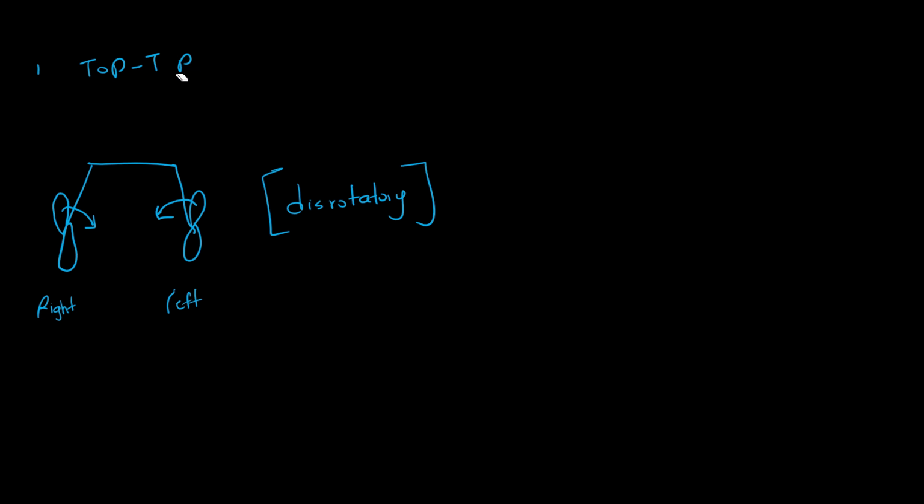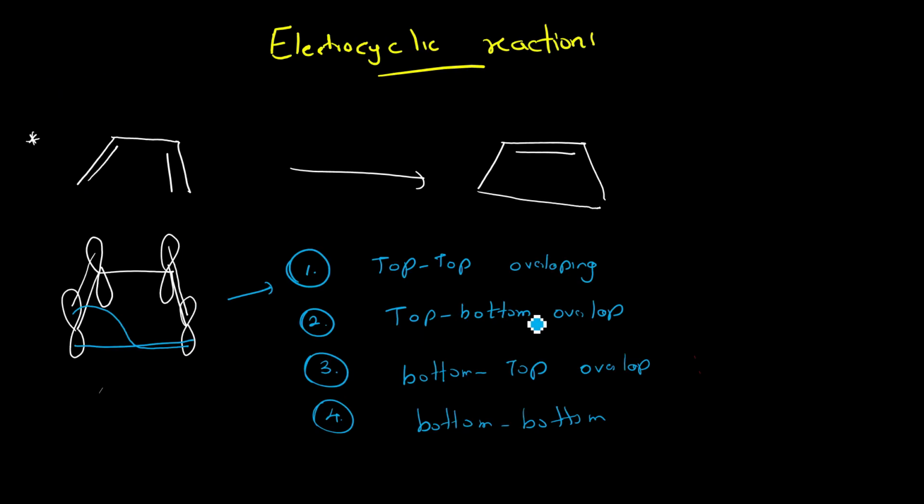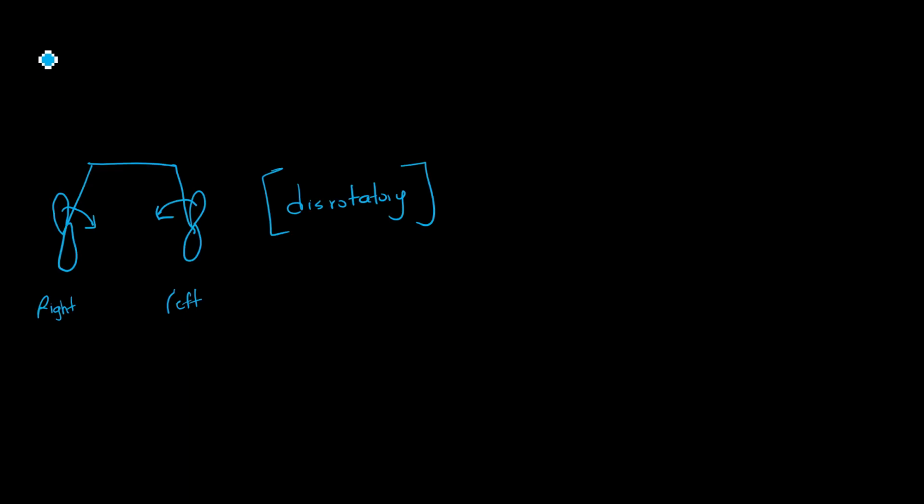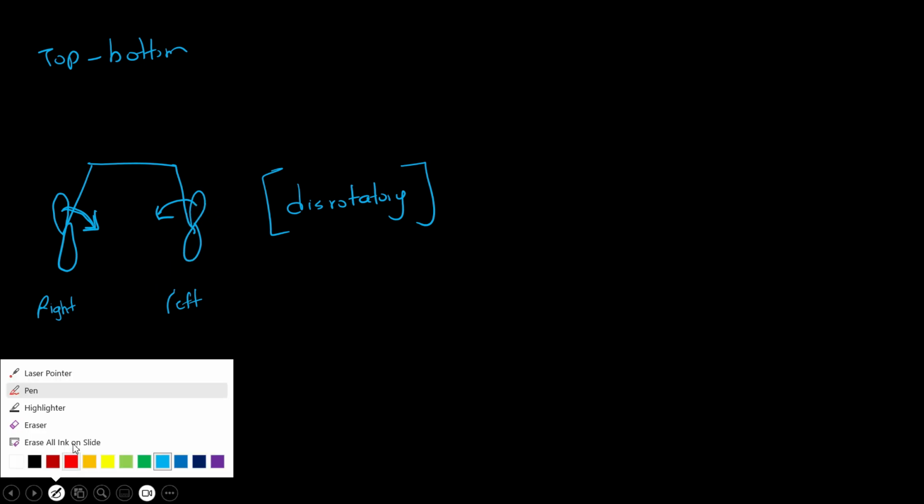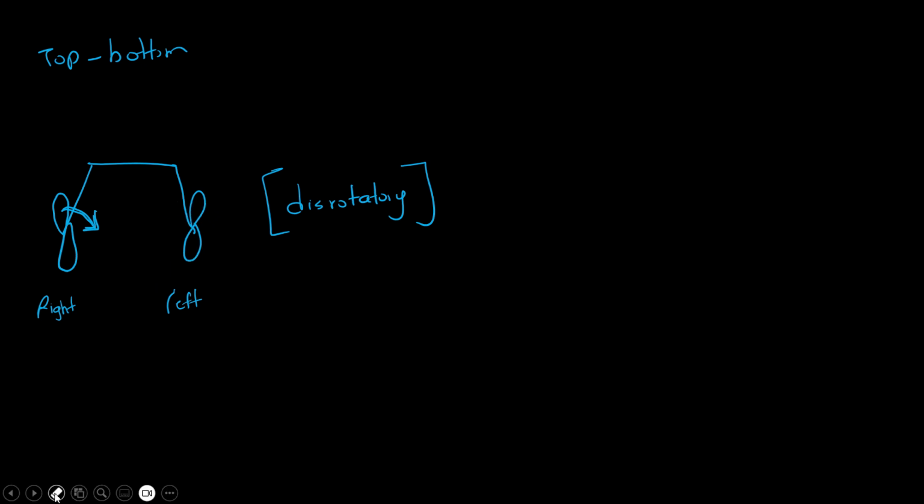Now let's go to the second one, which is top bottom. In this case, this top will come and join with this bottom. To do that, you have to rotate this orbital in the right hand direction, while you have to rotate this orbital in the right hand direction too.